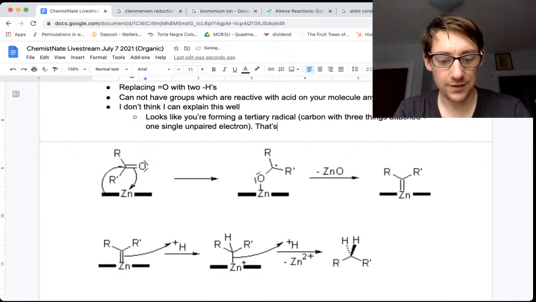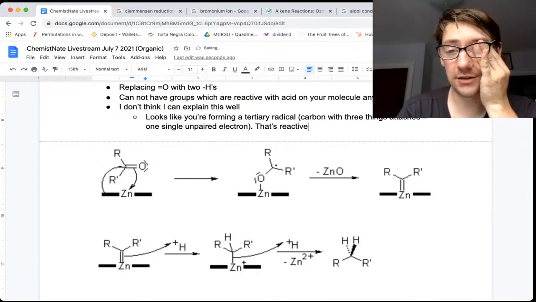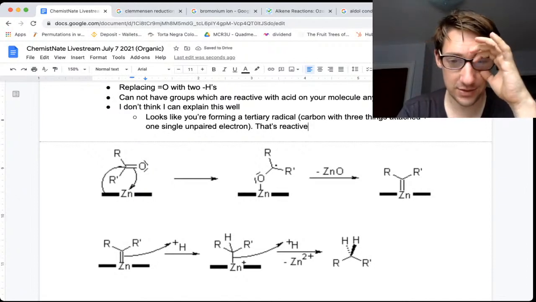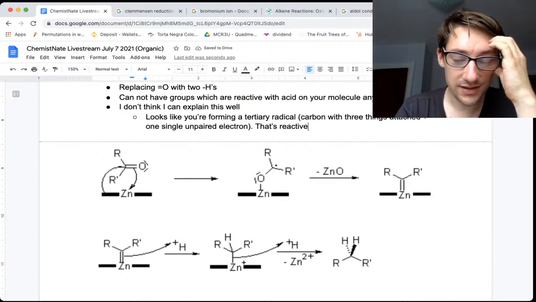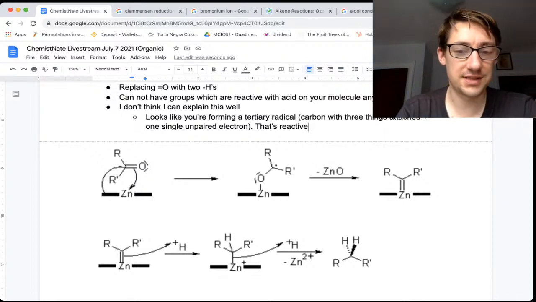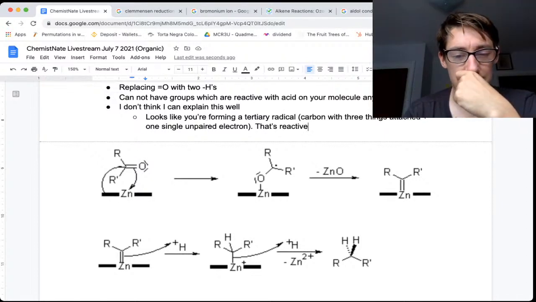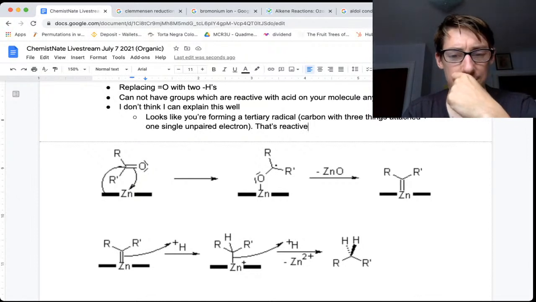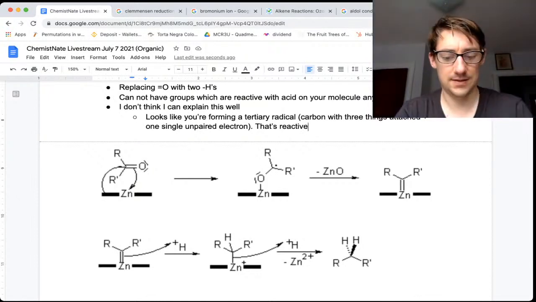That itself is reactive, but it's really unclear to me in this particular mechanism that's written how this actually even proceeds. I don't think there's enough information written here.